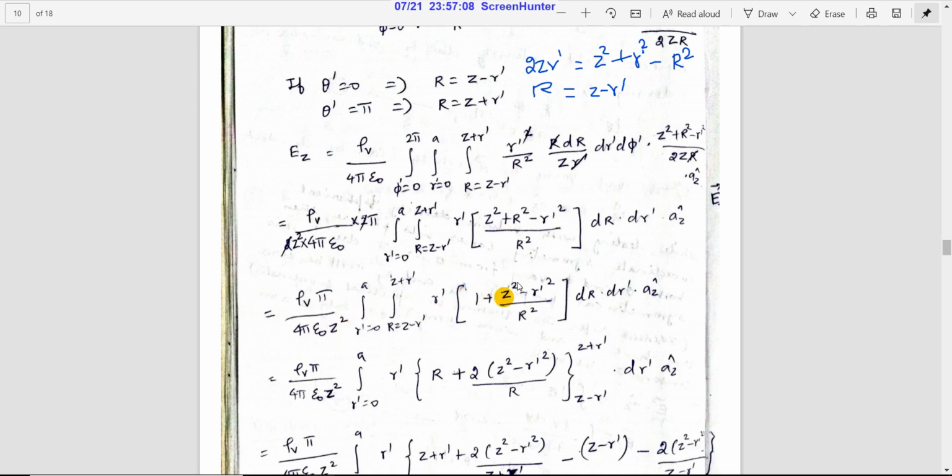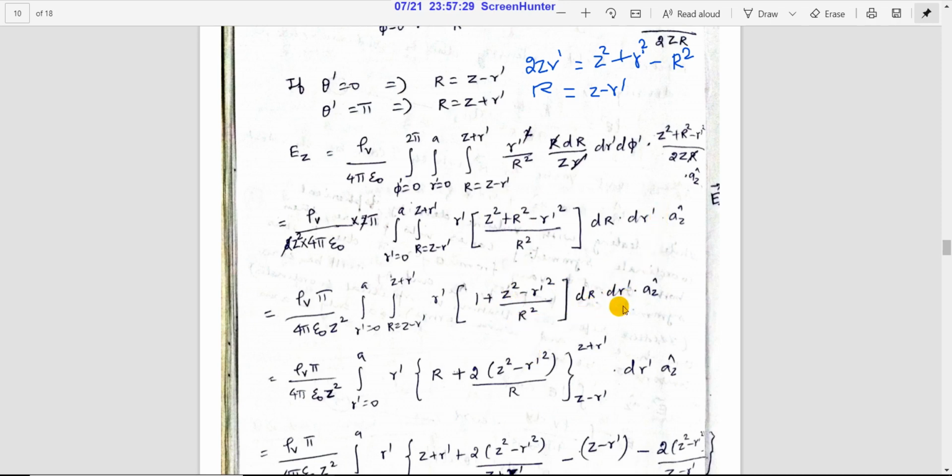So the remaining terms can be written like this. This particular term can be written as 1 plus (z square minus r dash square) divided by r square. If you make the cross multiplication and rearranging, you will be getting this term. So that's why we have written this term like this.